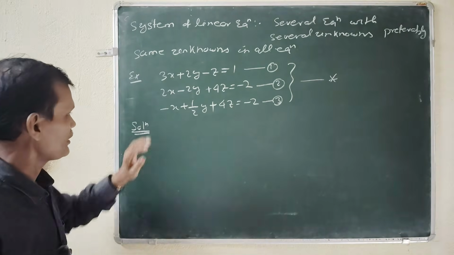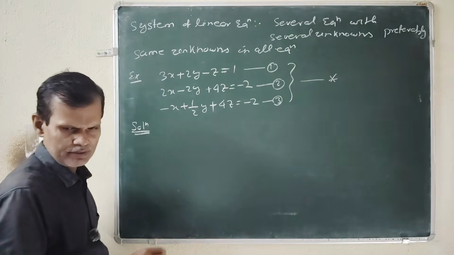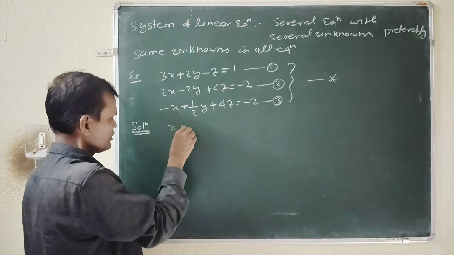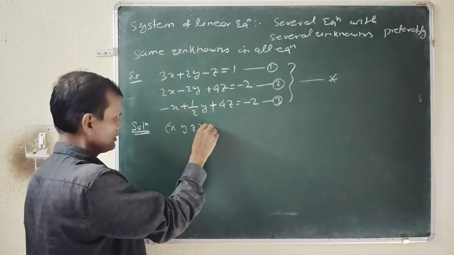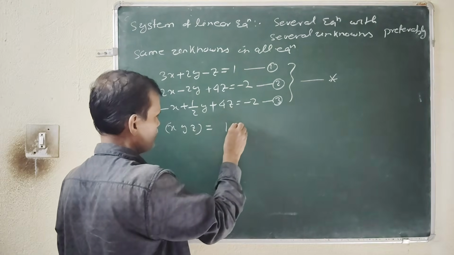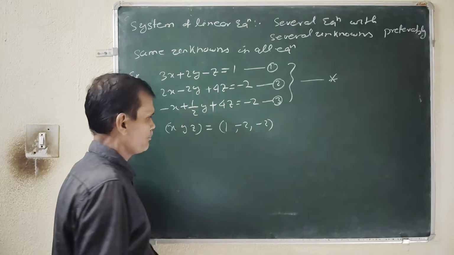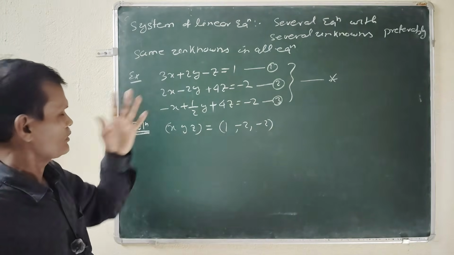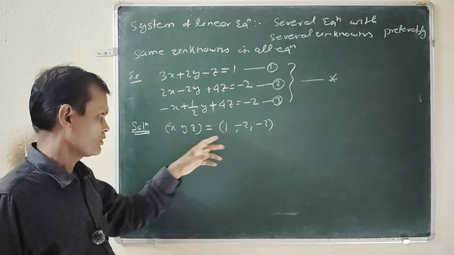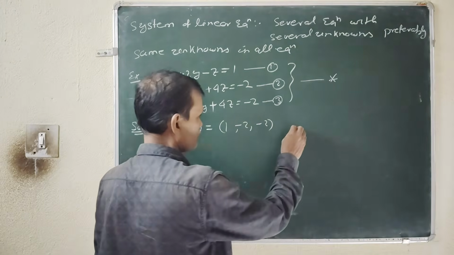For example, for this system, the solution is the triplet (x, y, z) equal to (1, minus 2, minus 2). Okay, so this value of x, y, z will satisfy these three equations. That is why we say this is the solution of this system. But how this solution is obtained, we will discuss later on.